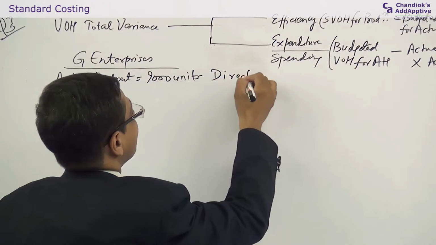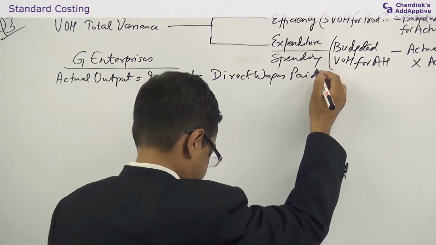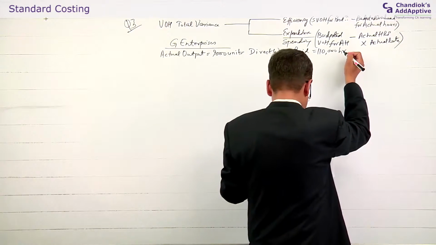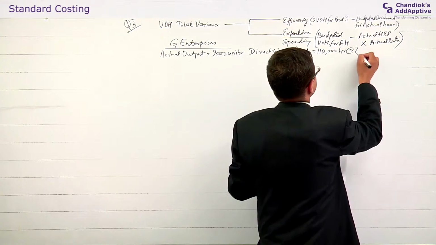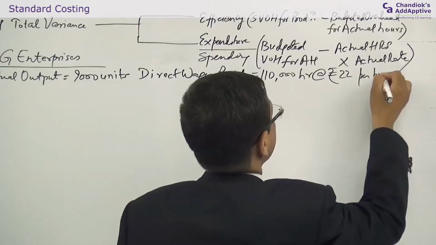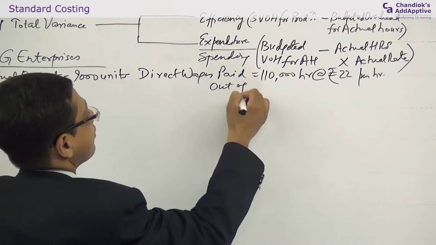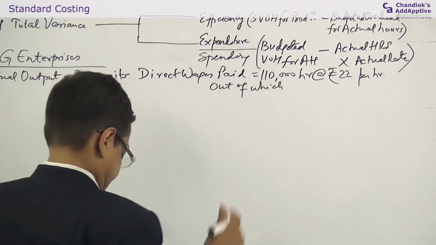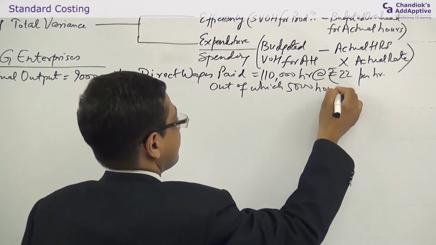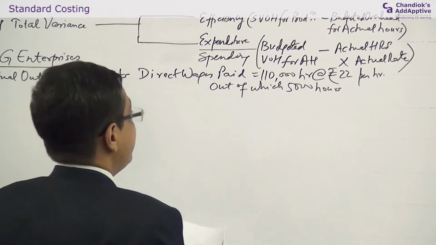Direct wages paid is 1,10,000 hours at rupees 22 per hour, out of which 5,000 hours are idle.